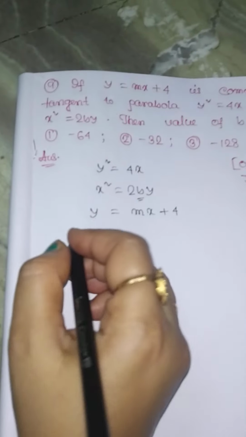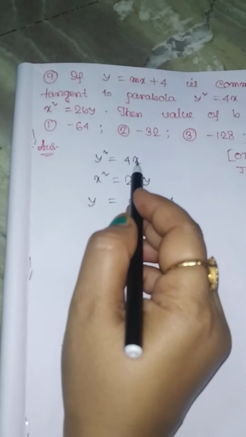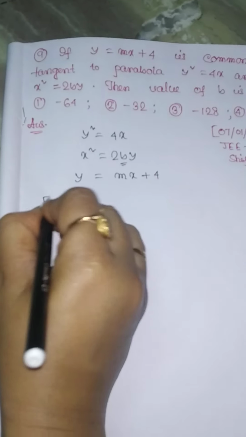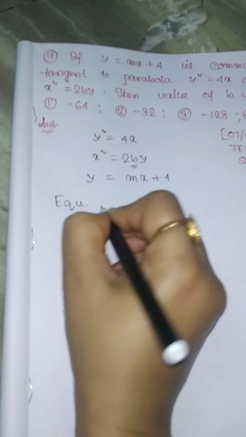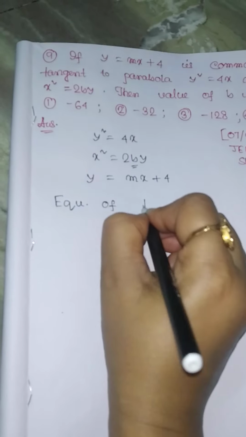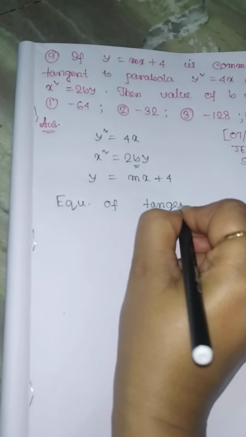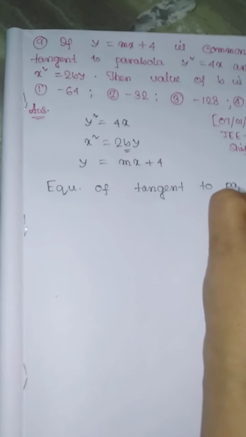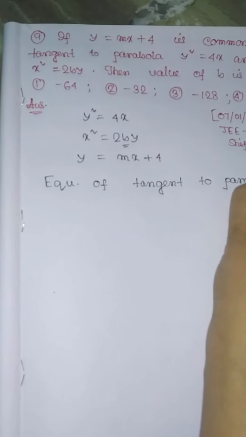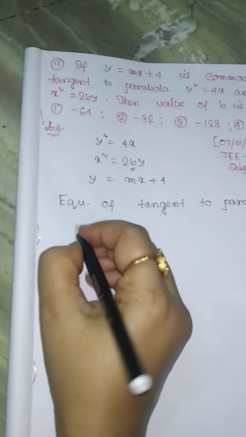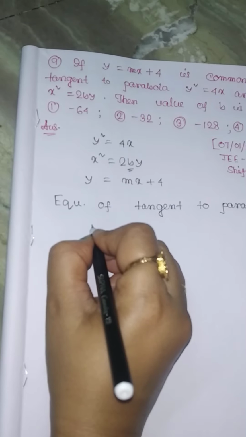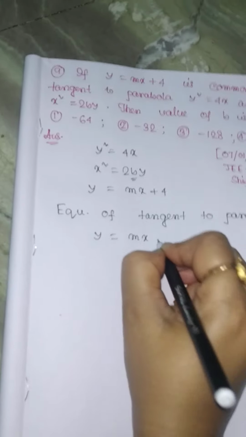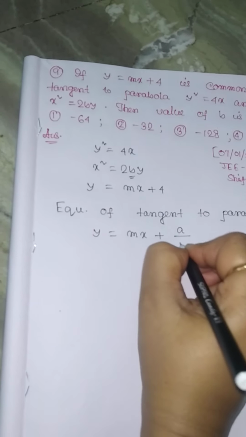So first, y square is equal to 4x is the standard equation of a parabola. So the equation of tangent to the parabola y square is equal to 4x, we know, is y is equal to mx plus a by m.